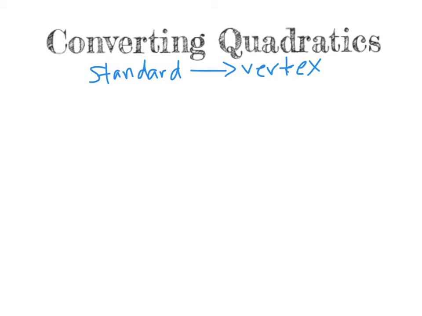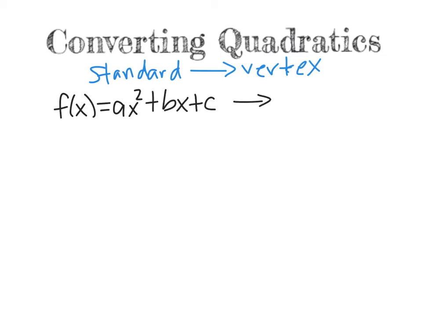We said that both equations are always going to have the a in common. So we know that we have f of x equals ax squared plus bx plus c.